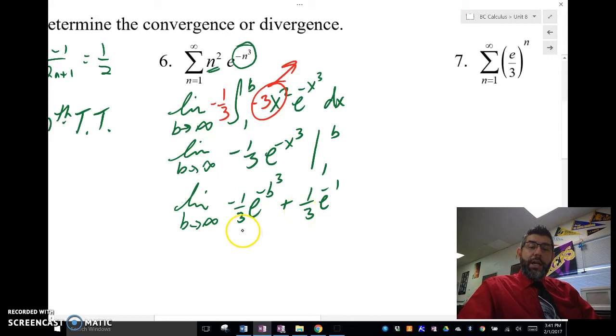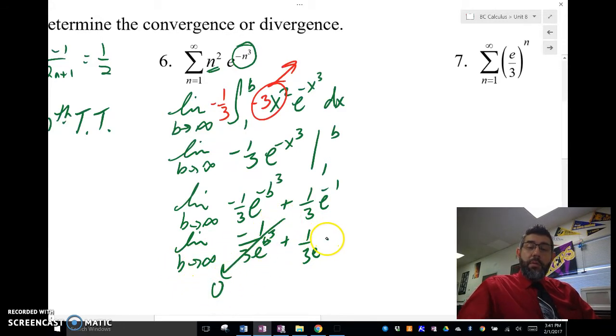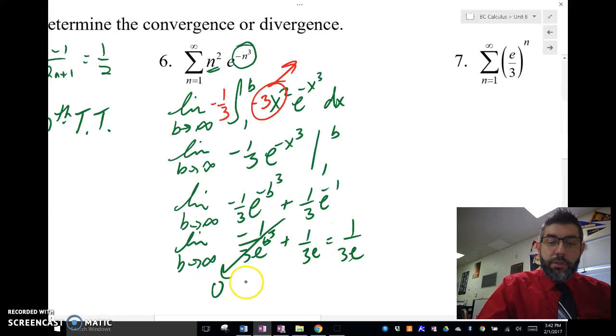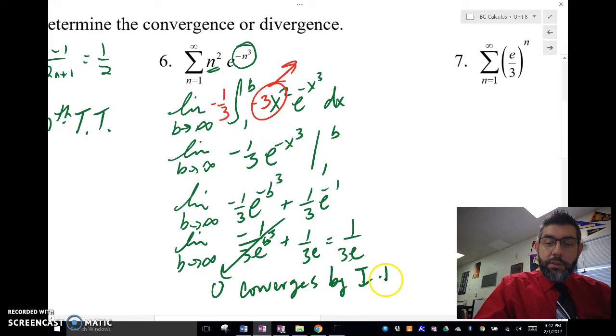So this I could rewrite as -1/3 e to the b cubed, and this is 1/3 e. Now when I take the limit as b approaches infinity, this is going to go to 0, and I'm going to be left with 1/3 e. So since this equals a value here, L, we know that this series converges by the integral test.